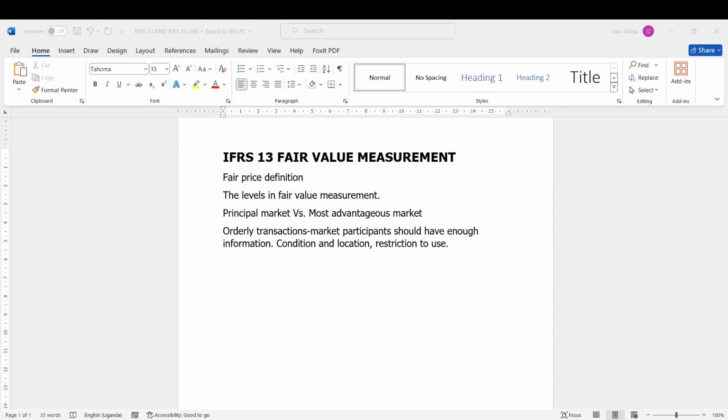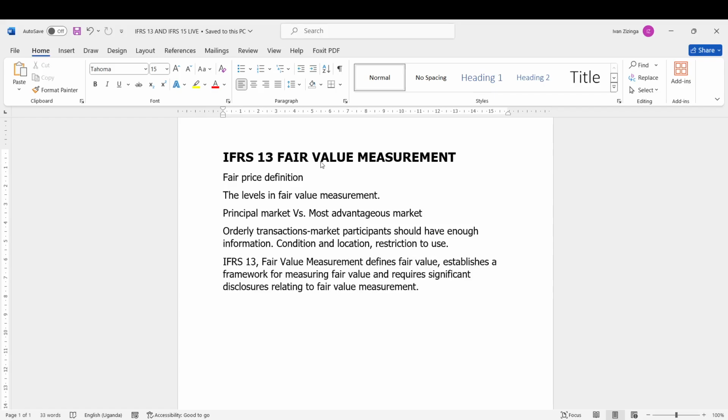Okay, so it was Ivan who gave us the definition of fair value, and in fact this is provided by the standard itself, IFRS 13.